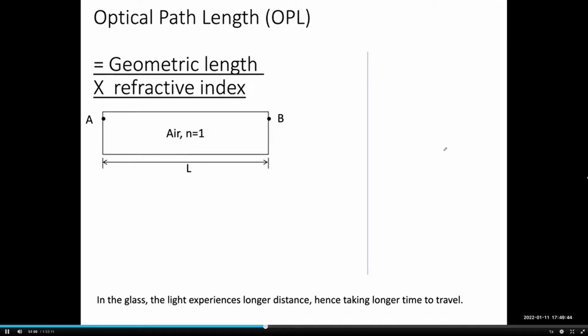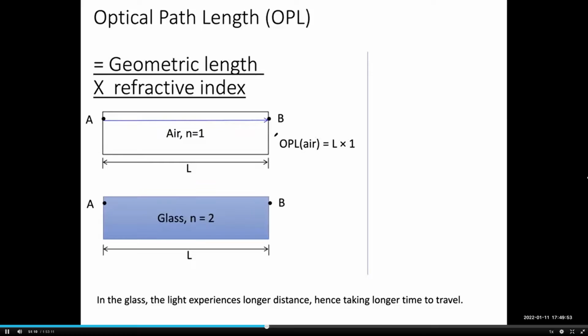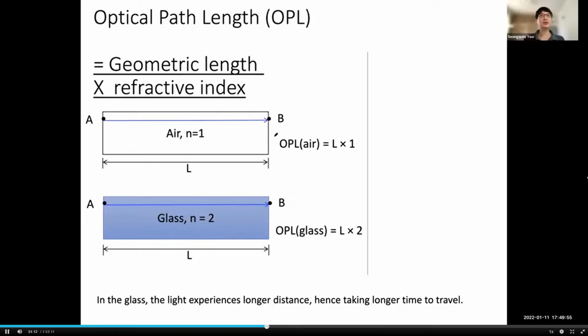Now, this diagram illustrates this concept of optical path length very well. So let me just show you these diagrams. Let's assume that the light travels from point A to point B, okay? And point A and point B are separated by a distance of length L. Now, when the light travels in the air, it does not feel any resistance. So it just travels freely, all right?